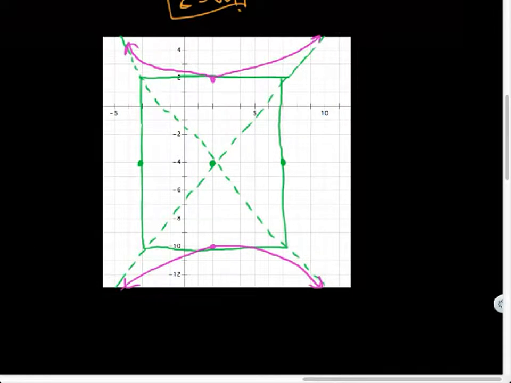And if I wanted the foci, as I said, it was just a little bit less than 8 units away, so I think that was 6, so it would be somewhere here and somewhere here, c units above and c units below. So those are roughly where the foci are, so that's what a graph would look like.